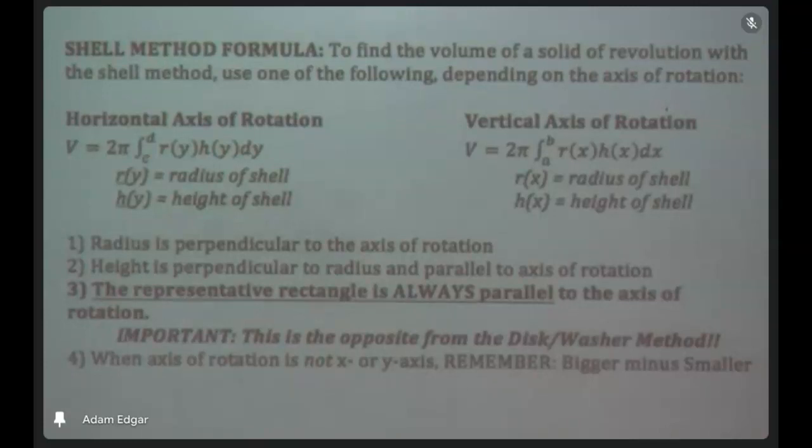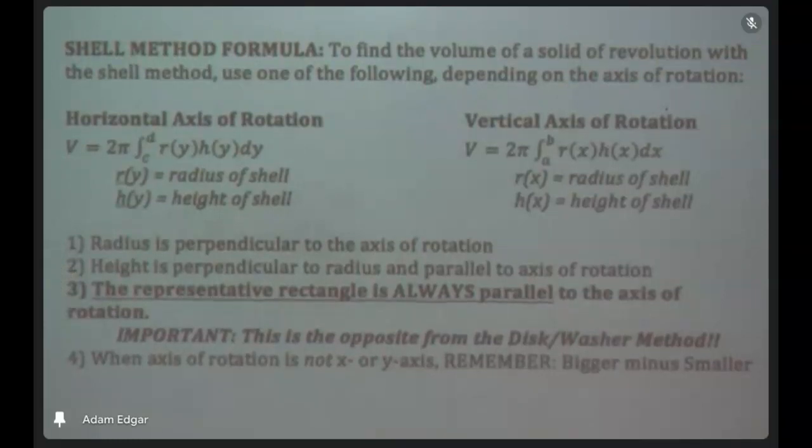It's usually just going to be x, or the distance from x or y to the axis of rotation. So the radius is not going to really have anything to do with the curve itself, the equation. The height is going to be perpendicular to the radius, so the height is now parallel to the axis of rotation, and that's going to deal with the actual function equation.